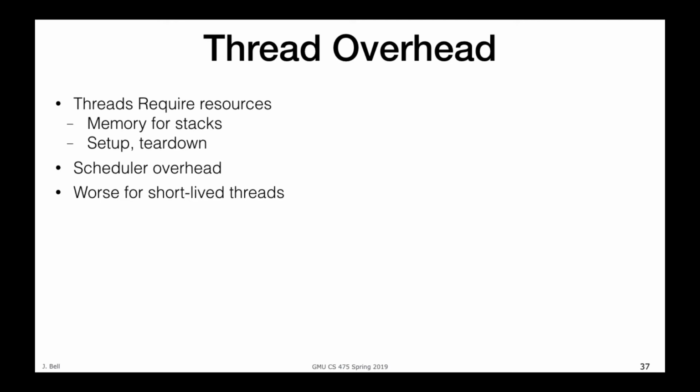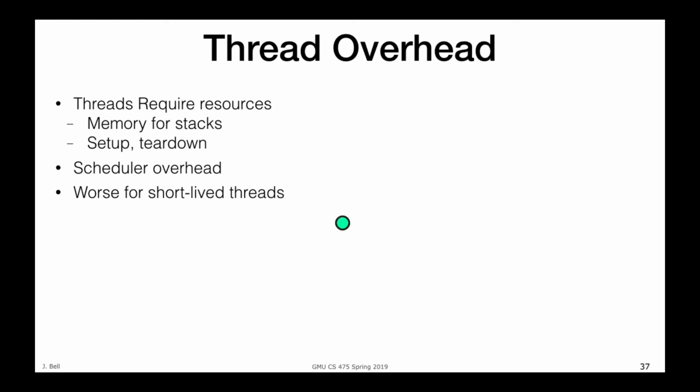And here's why. Threads require memory for things like stacks, right? To store all of the local variables that each thread has, that takes some space, and to keep track of what code each thread is running, that takes space. There's other kinds of bookkeeping stuff that has to get stored too.